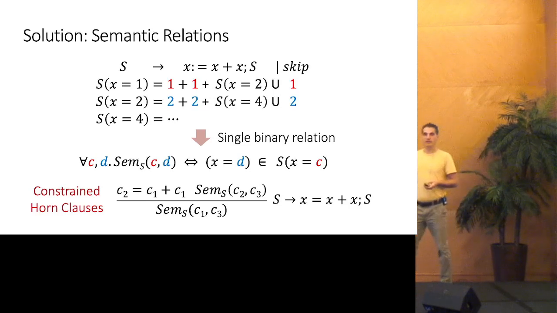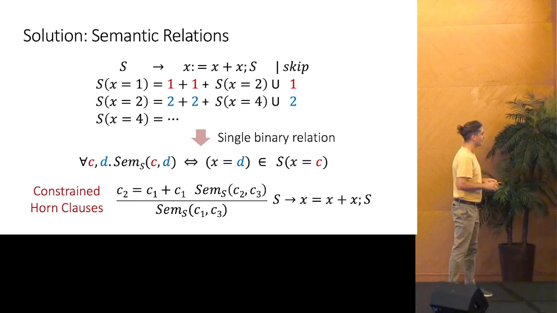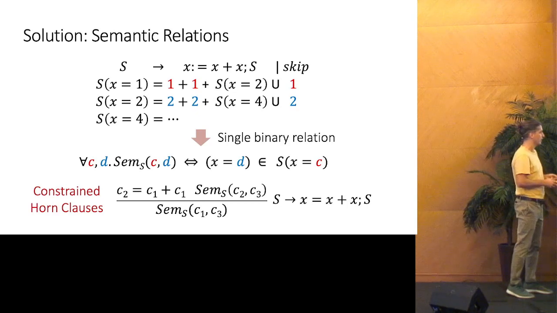I could actually define what it means for a pair to be in that relation. I mean, constrained Horn clauses were around for a longer time, but here it became very clean to connect them together.